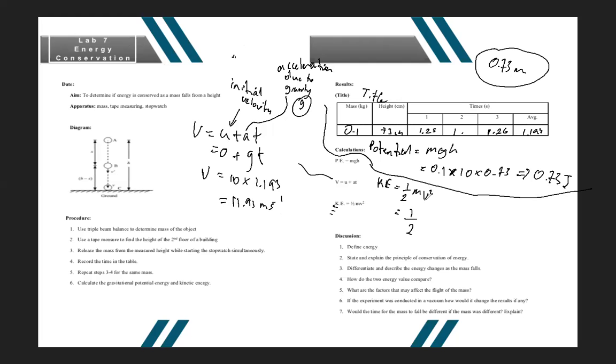Now we'll go ahead and calculate our kinetic energy using the velocity that we just calculated. Now, what is the mass of our object again? 0.1, right? Yes, sir. The mass of the object is 0.1 times 11.93 squared.